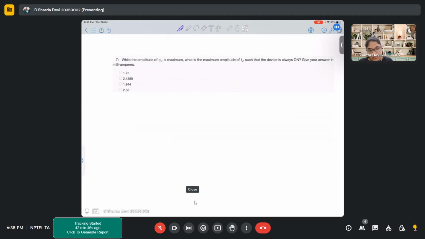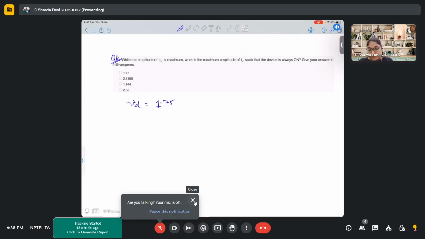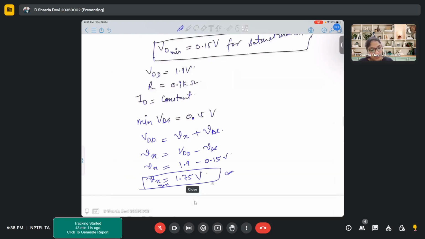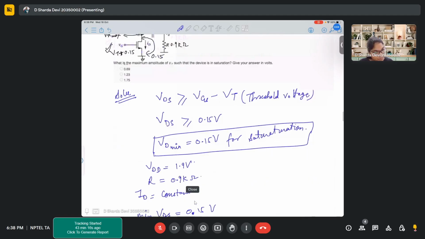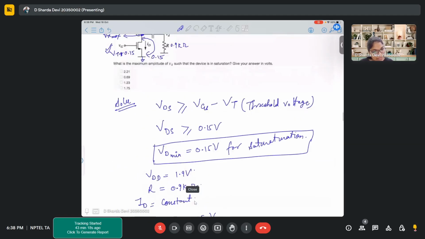Now moving on to the next problem. While the amplitude of VD is maximum, so VD is maximum 1.75. What is the maximum amplitude of ID such that the device is always on? Okay, small ID.